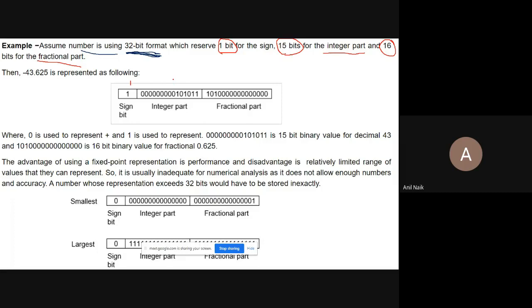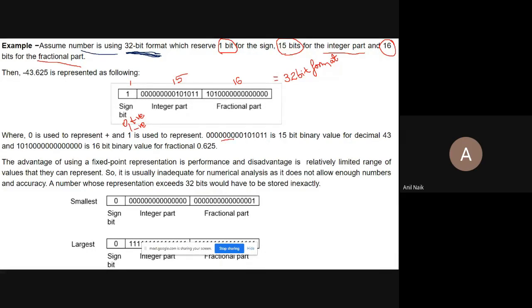So total how many bits? 32 bits. So we are representing the number in the 32-bit format. Sign means what? 0 for a positive number and 1 for a negative number. 1 is used for the sign bit of a negative number.